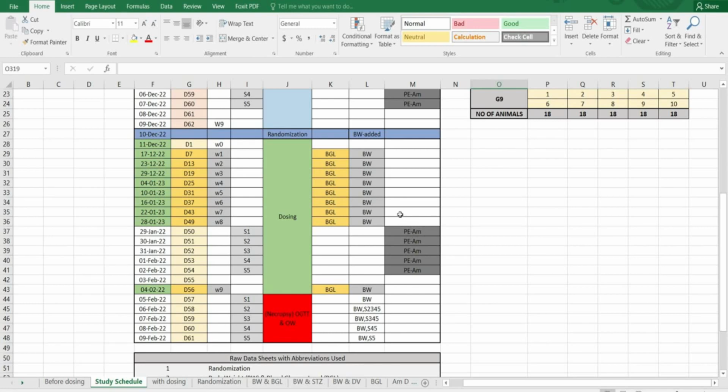And the next point is, after giving the dose, we immediately put the animals into the black box, and in that black box we observe the penile erection for 30 minutes. In that duration, the penis will bulge out from the body surface area, and you can see it from the side also.